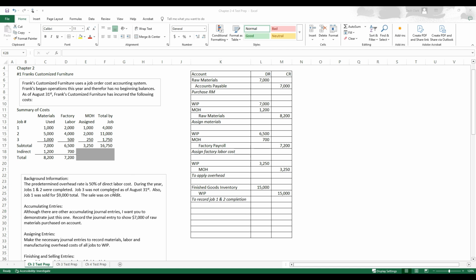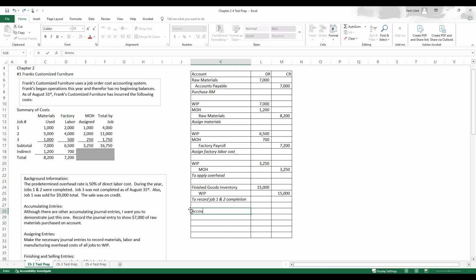Okay. And then further, it tells us that job 3 is still in WIP, so WIP would have a $1,750 ending balance for cost, and then that'll be our beginning. If we go further, into after August, this is as of August 31st. But to record the sale, we are going to record our sales entry, and it was sold for $9,000.